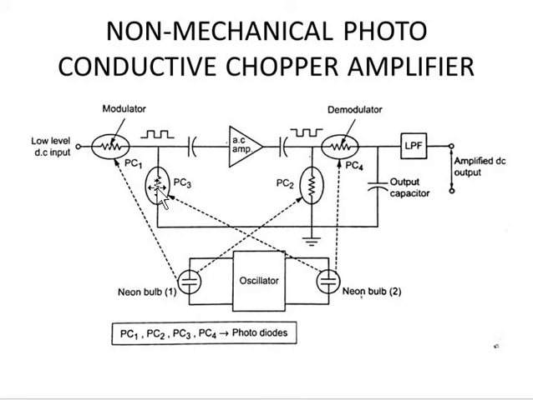When light falls on the LDR, its resistance is very high, and when the light is not allowed to fall on the LDR, its resistance becomes low. So it is inversely proportional to the light. This turning on and off can be done by switching on this neon bulb 1 and 2. In the next class we will discuss this non-mechanical chopper in detail.